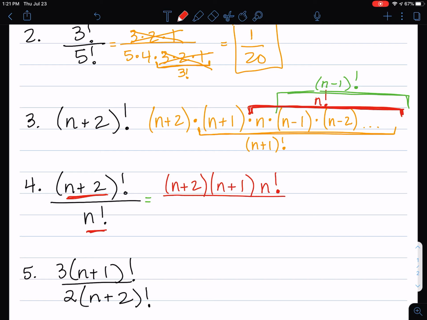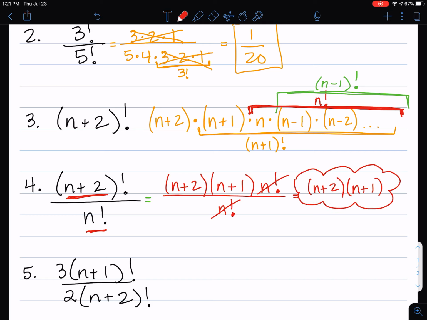Now I have n factorial in the bottom, and I can already see that I have something that's going to cancel. Numerator, denominator, all I'm left with now is n plus 2 times n plus 1. And that's your final answer there.